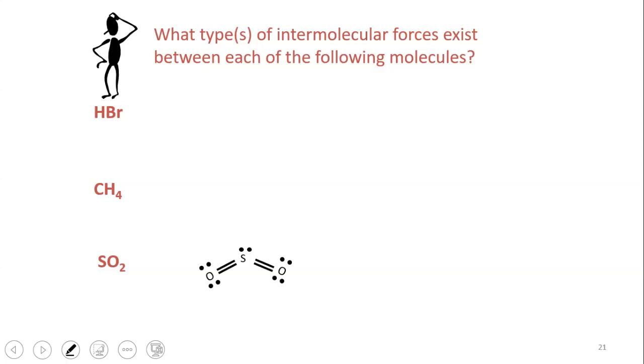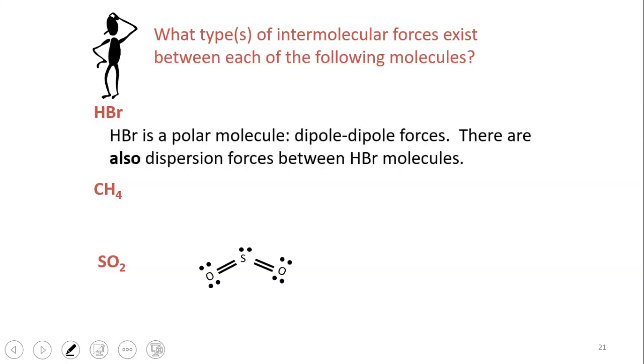So that means that that covalent bond is polar, with a difference of greater than 0.4. So it should be able to do dipole-dipole forces, right? But remember, just like with any other compound, there are also dispersion forces. Dispersion forces are not exclusive. They happen with every kind of molecule. Dipole-dipole forces are exclusive. They only happen with polar molecules.